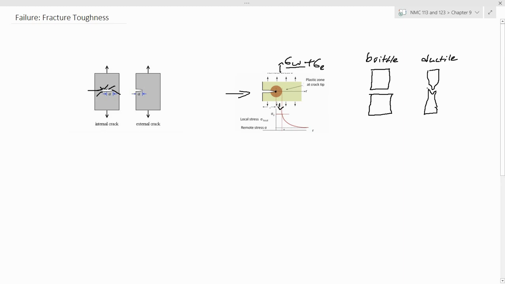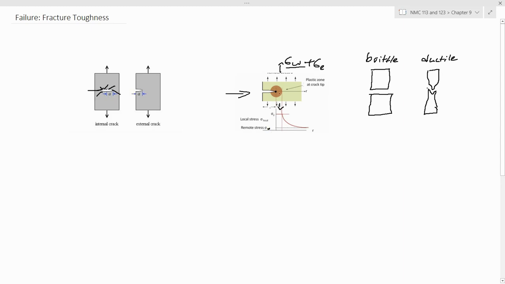As you can see from the schematic, initially when you're far away from the radius of the crack, the only stress felt within the material is the remote stress, or the working stress.